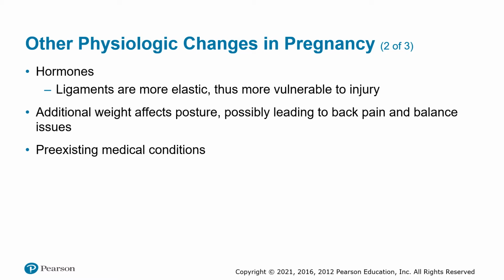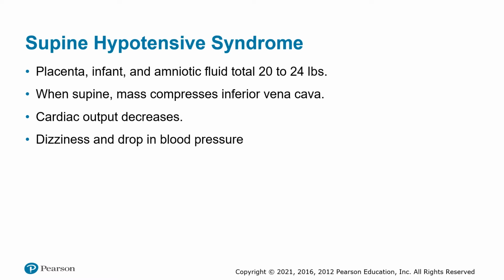Hormones will change and release, and this allows the ligaments to become more elastic, but with that they are vulnerable to injury. The additional weight affects posture, possibly leading to back pain and balance issues, and any pre-existing medical conditions could change as well.